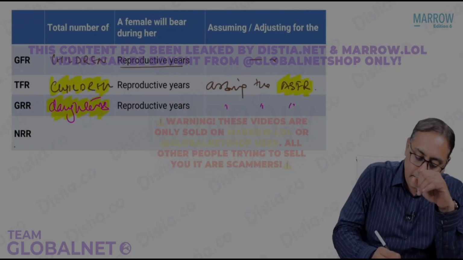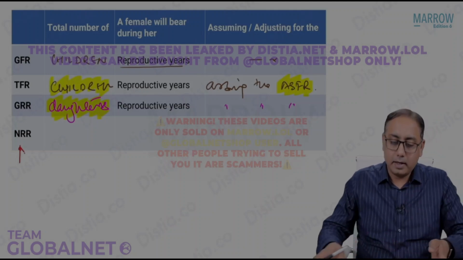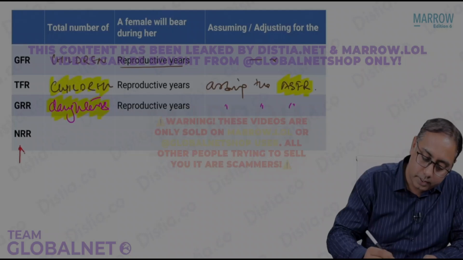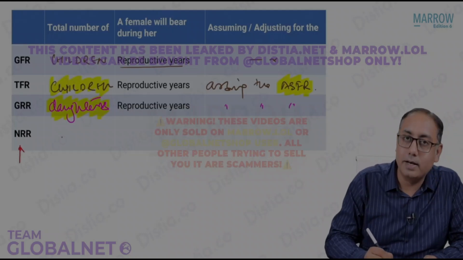Next, what do you mean by NRR? NRR has a slightly absurd kind of definition. I'm going to write it down, and you can also copy along with me. NRR, net reproduction rate.